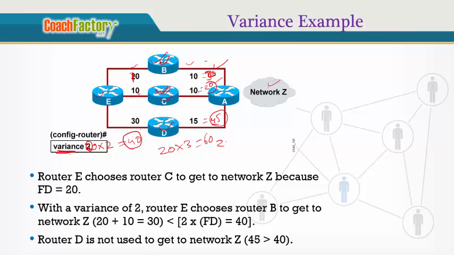So it means any path which has an FD value lower than 60 will be included in the routing table. So when we give variance 3, based on this scenario, all these 3 links are going to be installed in the routing table to reach the destination. It means it will do load balancing even though they have different costs. So that is known as unequal cost load balancing in EIGRP.